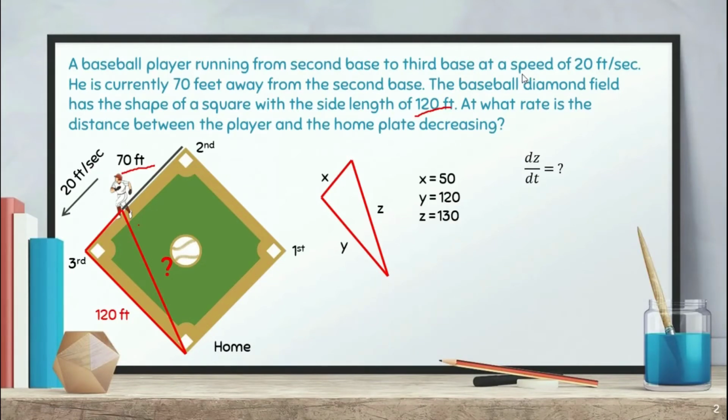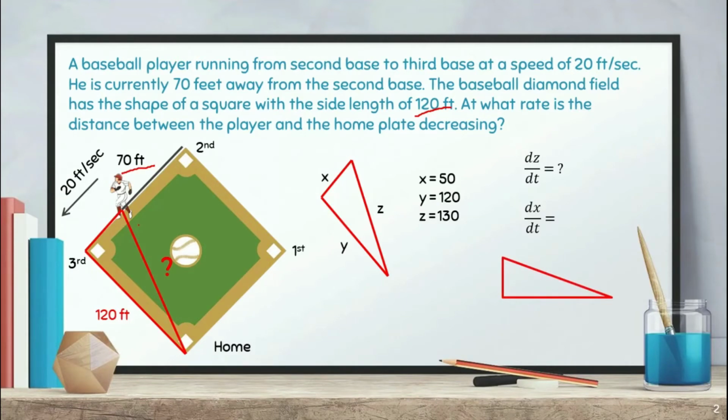And we also have given here a rate of 20 feet per second at this side of our triangle. So it will be our dx over dt. The question is, is it decreasing or is it increasing? So we can say that it is decreasing as the player approaches the third base. Let us have our illustration here to fully understand if it is decreasing or increasing.